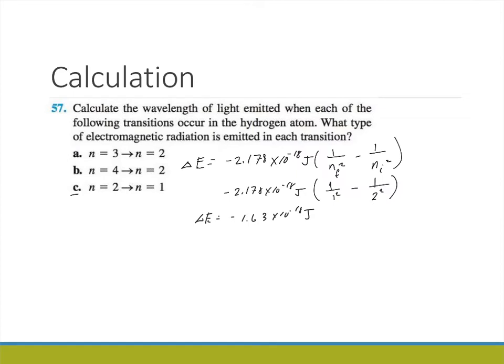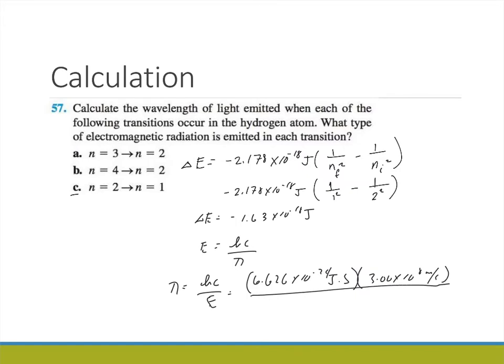And again, to determine the wavelength, E is equal to hc over lambda, or lambda is equal to hc over E, which is equal to 6.626 times 10 to the minus 34 joule seconds times 3.00 times 10 to the 8th meters per second, all over 1.63 times 10 to the minus 18th joules.